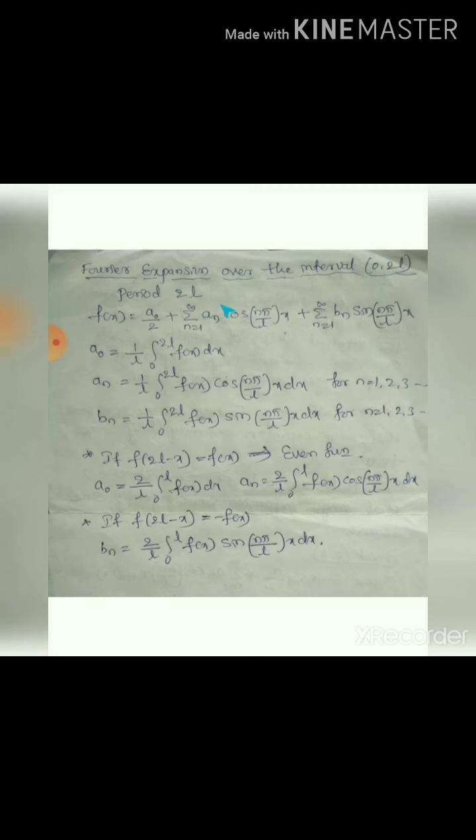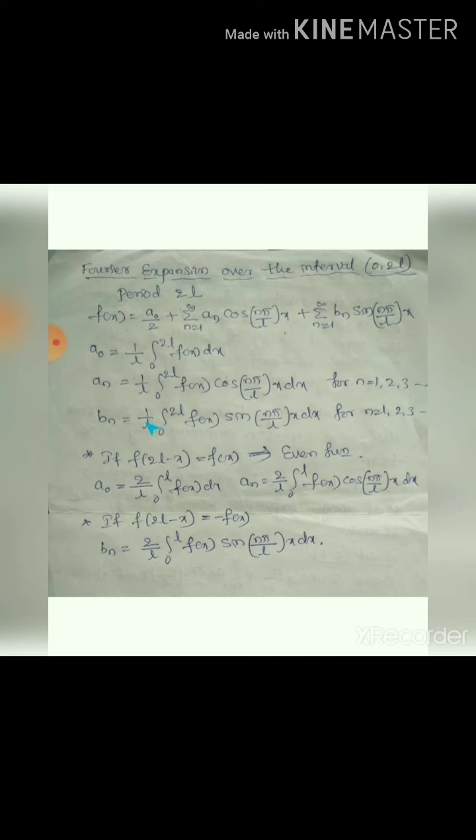Therefore, period is 2l here, and the Fourier expansion becomes f of x is equal to a naught by 2 plus summation n is equal to 1 to infinity an cos n pi by lx plus summation n is equal to 1 to infinity bn sin n pi by lx, is the Fourier expansion over the interval 0 to 2l, and the Fourier coefficients a naught, an, bn are given by: a naught equal to 1 upon l integration 0 to 2l f of x dx.